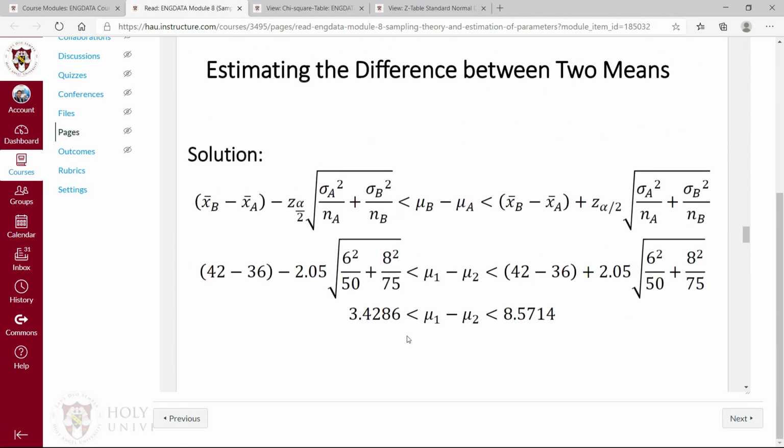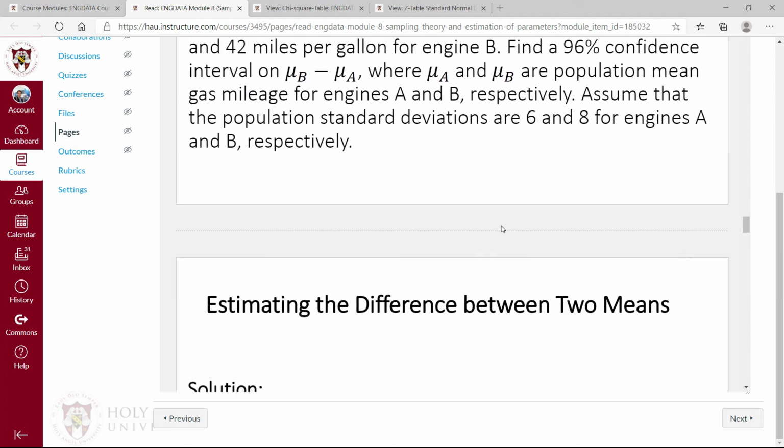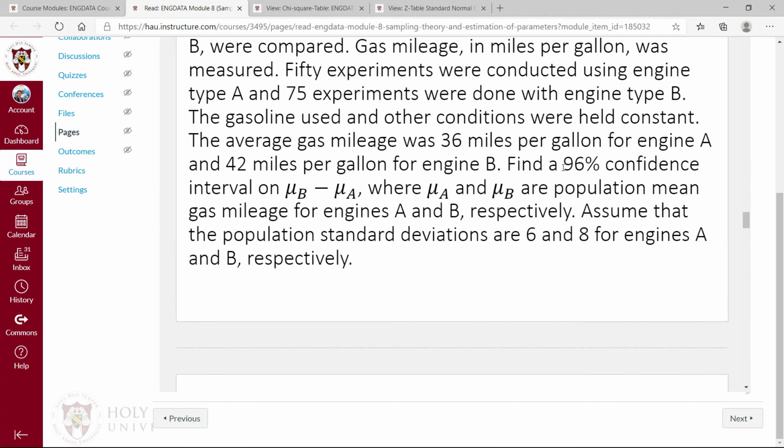Now let us solve for the alpha level z score. We have a 96% confidence interval.